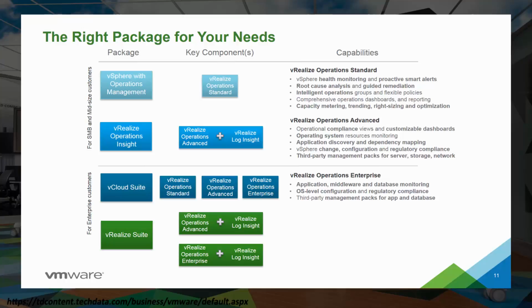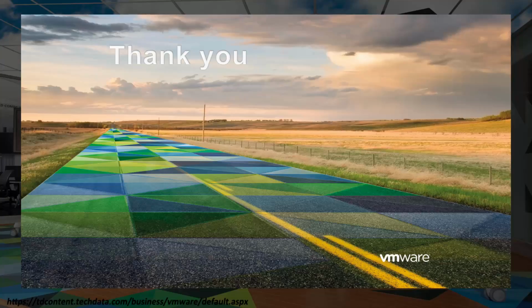And then vRealize Suite is for those customers that need to not only have a vSphere environment, but maybe they have something out on Amazon Web Services or Azure and on vCloud Air, as well as maybe a Citrix environment. So for those mixed environments, both on-premise and public cloud, the vRealize Suite gives all those management products within a suite. So that is the licensing, either standalone in Standard, Advanced, or Enterprise, and then we have it also as part of these multiple software bundles as well.